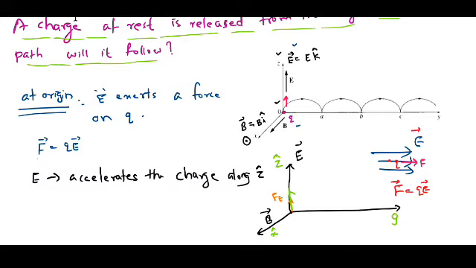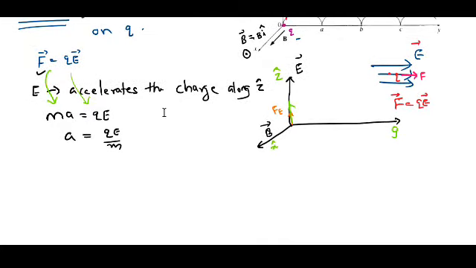Then let us say that force F is nothing but ma. That force F is equal to QE. The charge gets an acceleration. The magnitude of the acceleration is given by QE divided by m, because we have written this from this one: force F is equal to ma, and the right hand side is QE.